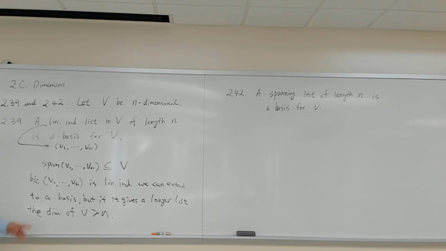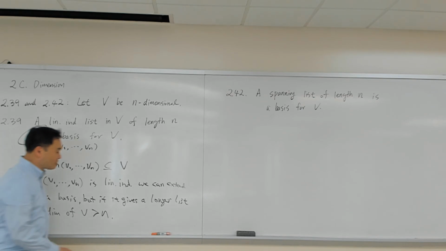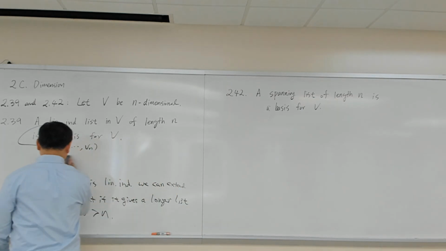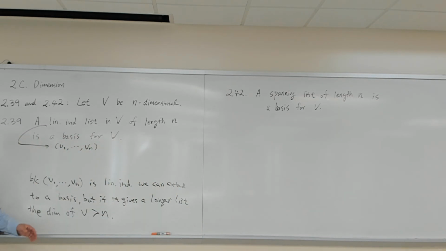Yeah. The extension you can do, so I guess this wasn't even necessary, sorry. Just saying, you have this linearly independent list, you can extend, but if you extend and it has to be longer in order to span the whole thing, then you end up saying the basis is longer than n, therefore the dimension is bigger than n. But that's contrary to our assumption, right? So it has to be exactly n, so that's it.